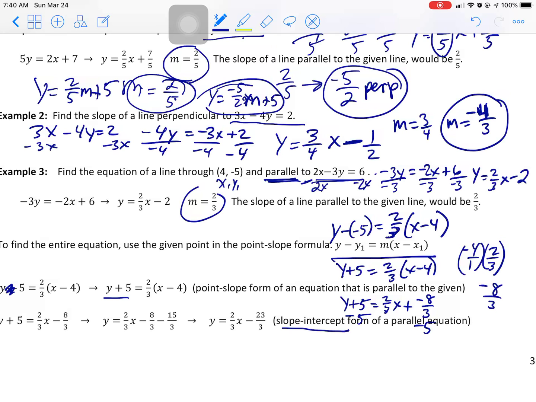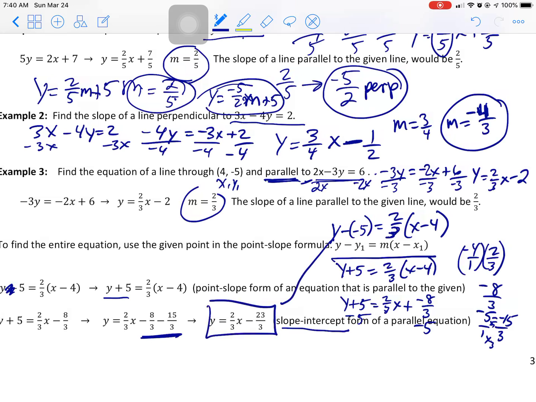How do you subtract 5 from 8 over 3? Well, it has to be in terms of something over 3. So negative 15 over 3. So right here, negative 8 thirds minus that would give a negative plus another negative, gives you a bigger negative.